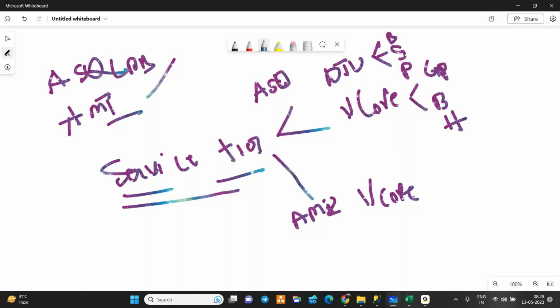On MI, we have only vCore, with only general purpose and business critical. There is no concept called hyperscale.